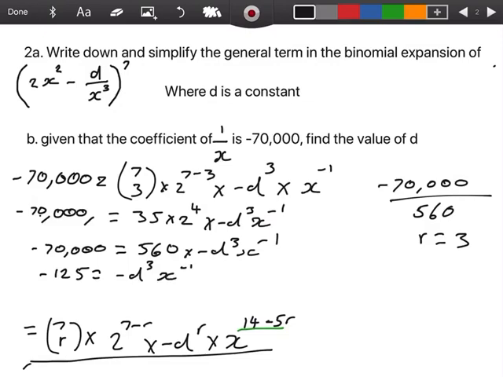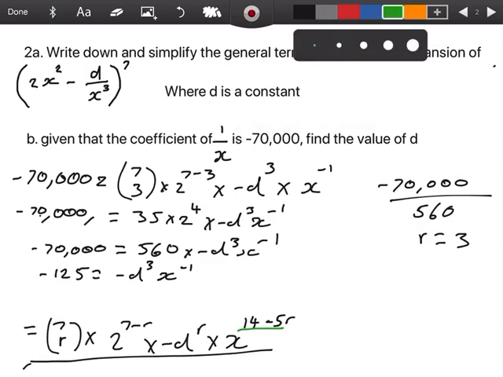Now we could have put an x to the negative 1 on the left hand side. It really doesn't matter, I think, for the marking scheme, but if you wanted, you could put the x to the negative 1. I'll do that just for clarity. Now all we need to do is cube root that negative 125.